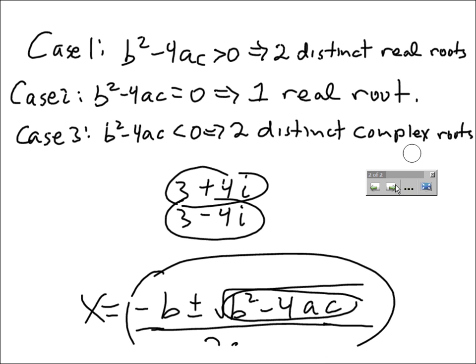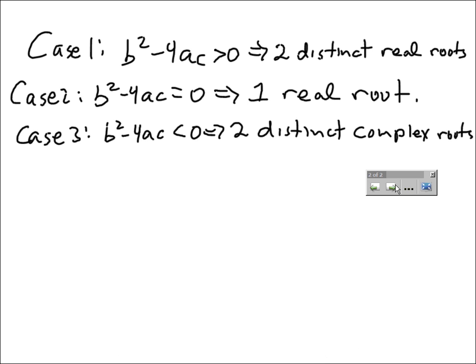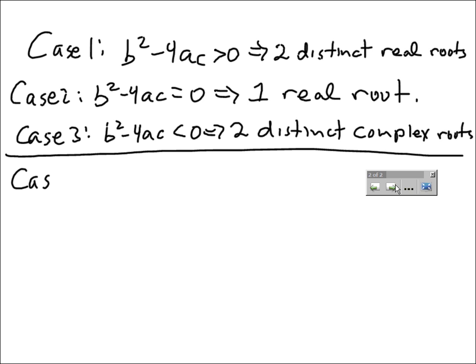Okay. So now, the question is, how do we handle each case? We now know what 3 cases we can come up with. So let's look at case 1. We get 2 distinct real roots.